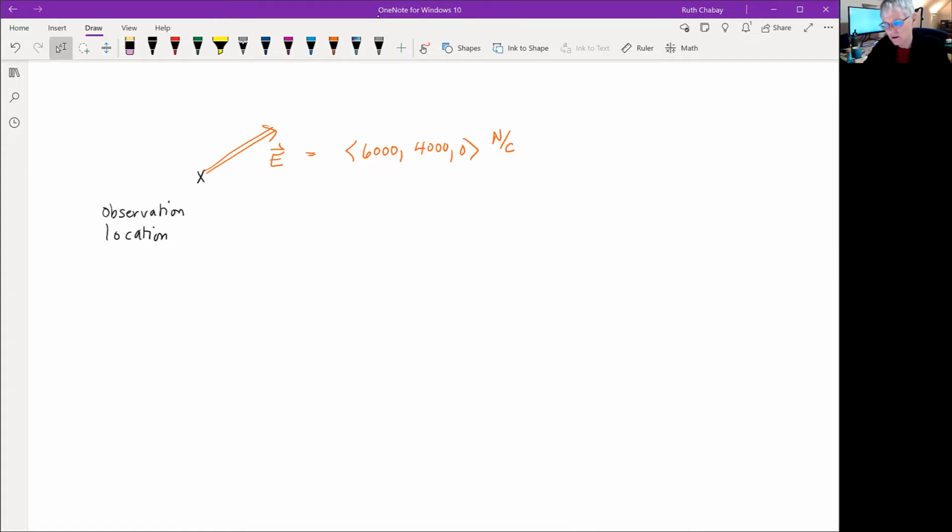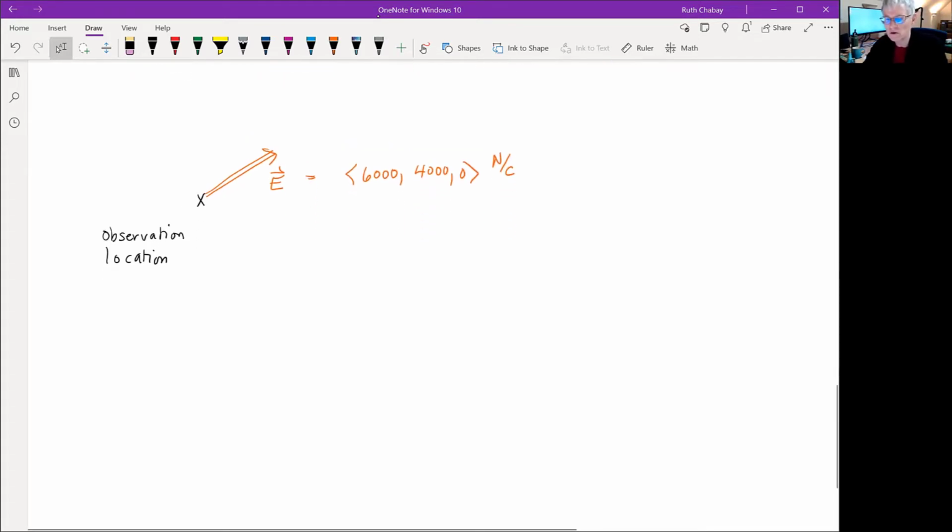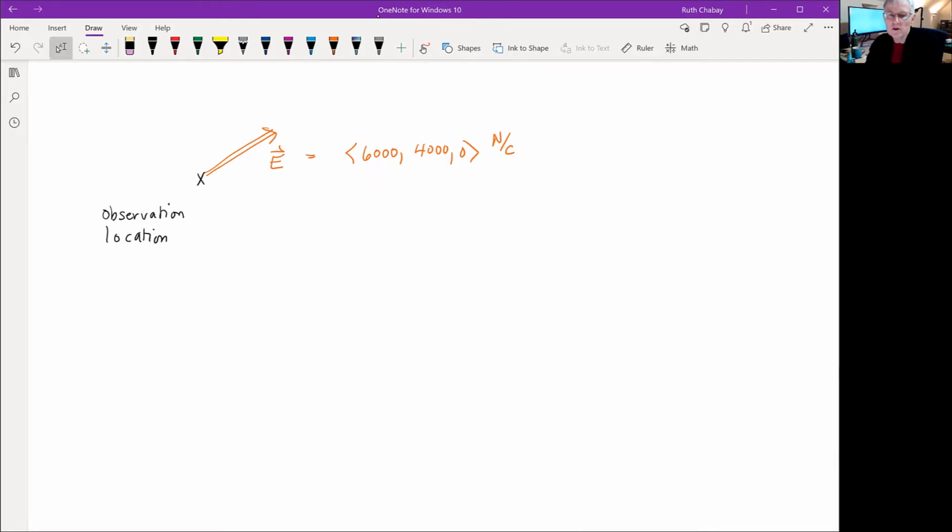Well, E is not just the direction, it has a magnitude too, right? So a stronger field makes a bigger force. The direction of E is the direction a positive charge would move. The magnitude of E has to do with the magnitude of the force on this positive charge.